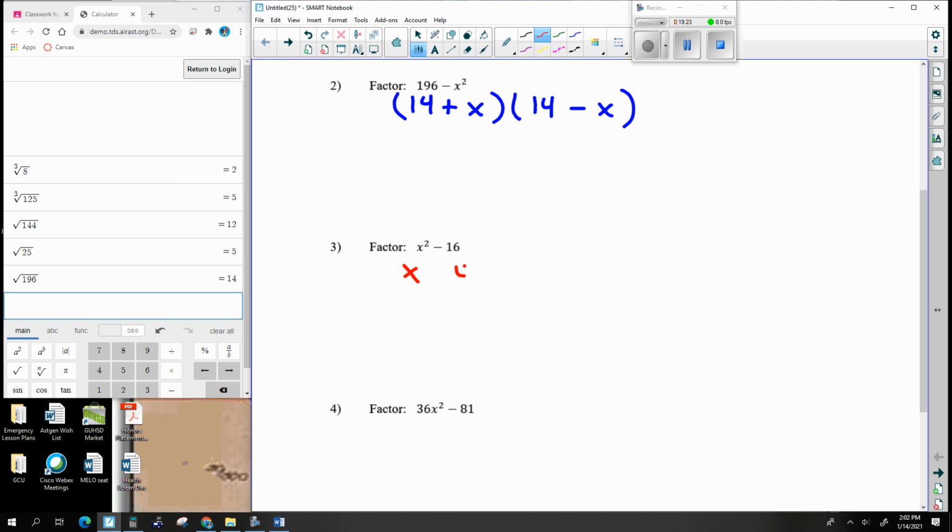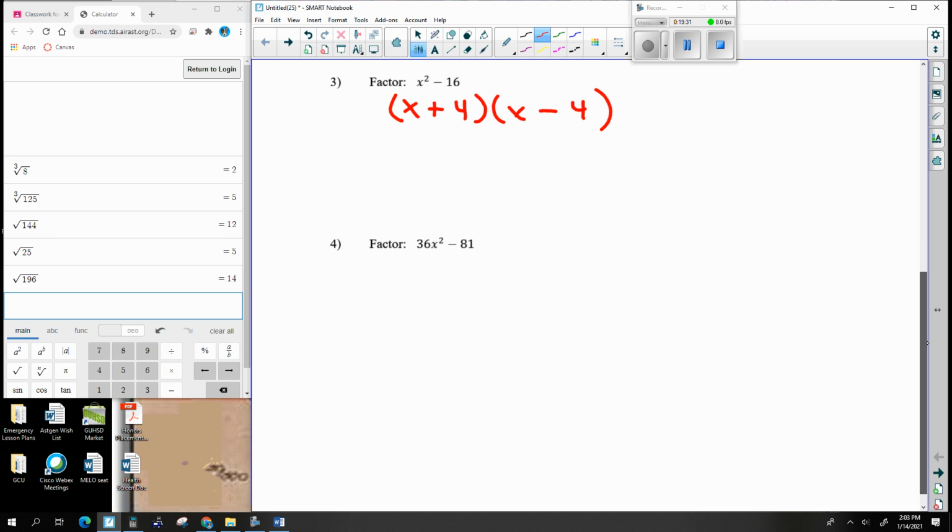Squares, x, 4. One's plus, one's minus. Aha, they're trying to trick me. Again, you got to wake up earlier. I can take out a 9.